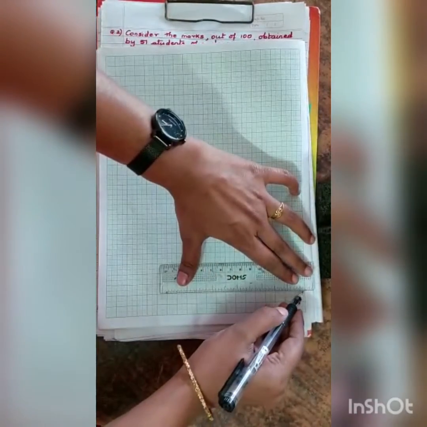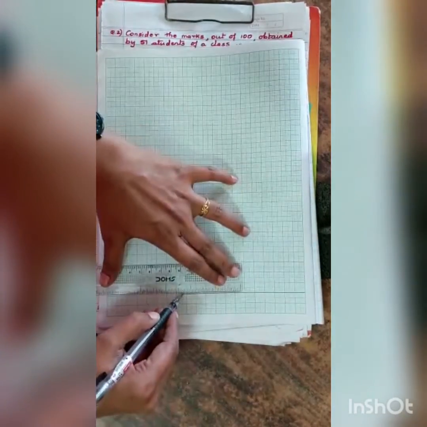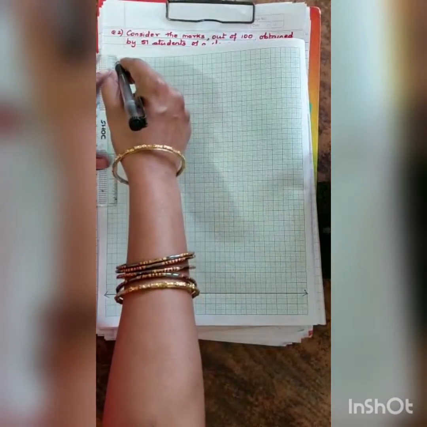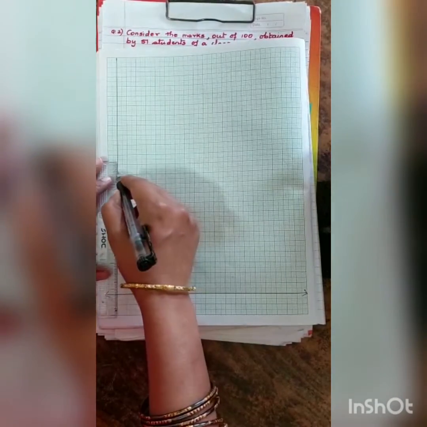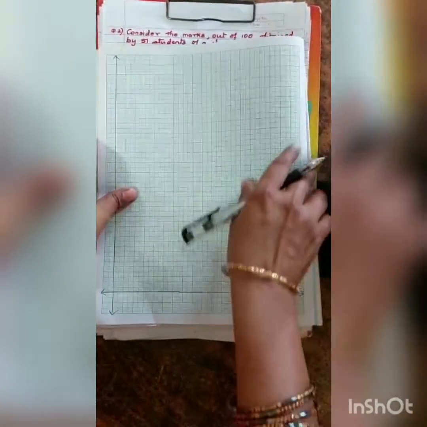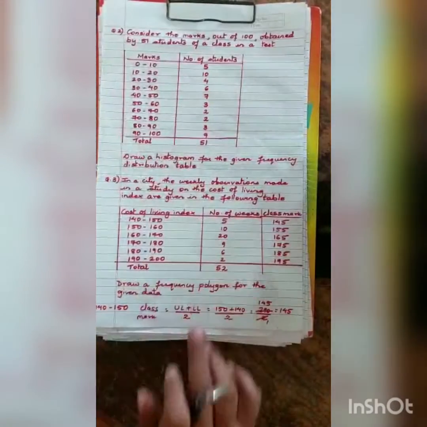So for that we take a graph paper. We draw x-axis and y-axis. We put arrow mark for the lines drawn. Now the question given has two things, right? Cost of living index and number of weeks.